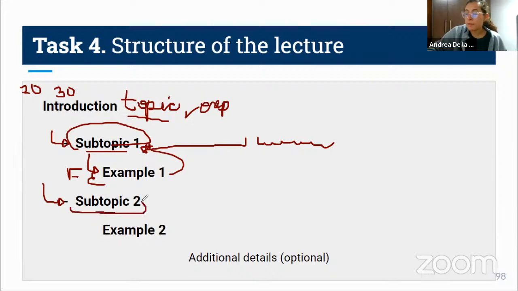You can have another subtopic. Another big cause of pollution is, I don't know, the creation of roads, let's say, or the deforestation. And then the professor explains, I don't know, trees are essential for producing quality air, whatever. And then the professor gives an example.